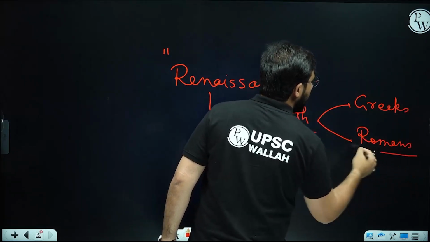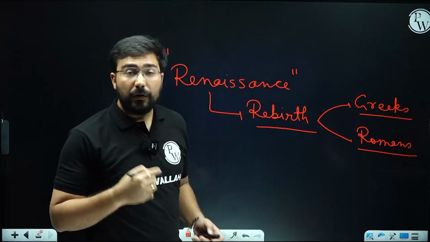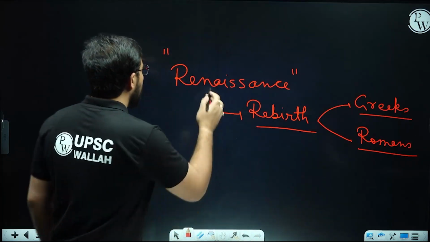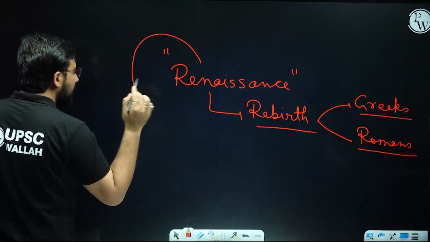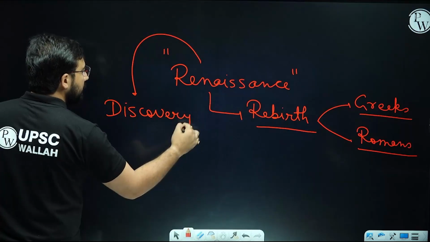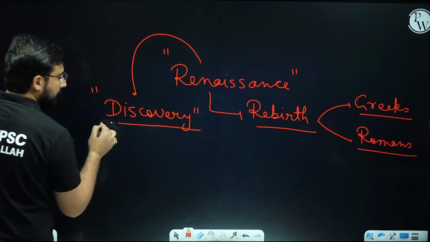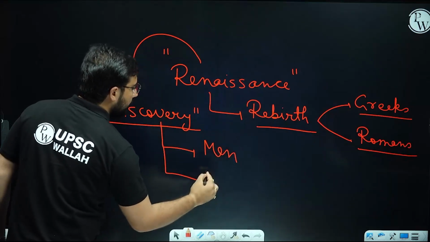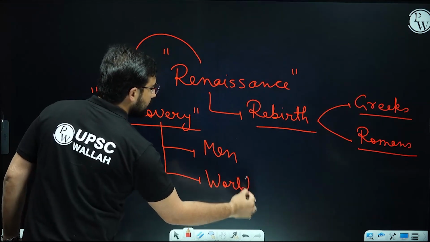So we see updation of knowledge in the field of polity, economy, society, religion, all these fields because of this phase of Renaissance in Europe. Renaissance is famous for discovery of man and discovery of the world. Why discovery of man?